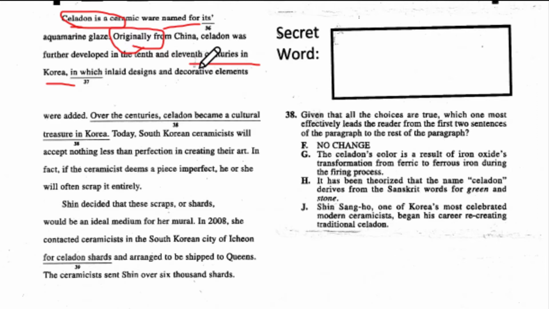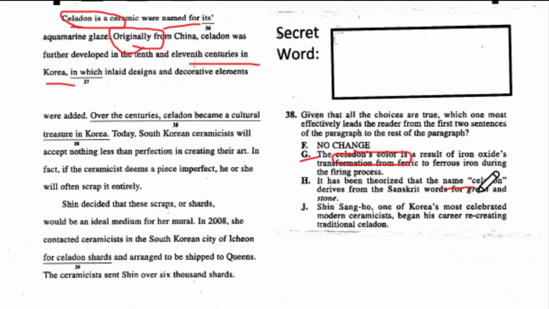Now, when you come back and you look at your answer choices, we've got to talk about Celadon. If we look at our answer choices, answer choice G says the color of Celadon. You see how that doesn't really talk about the time relationship about this originally, so G can be out right away. If you look at answer choice H, H says name, right?